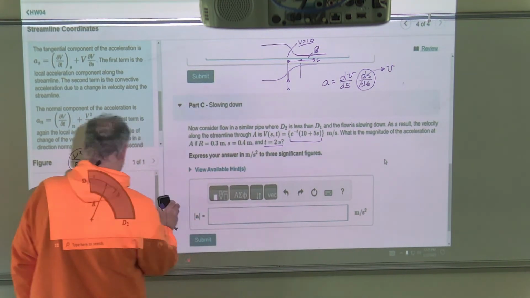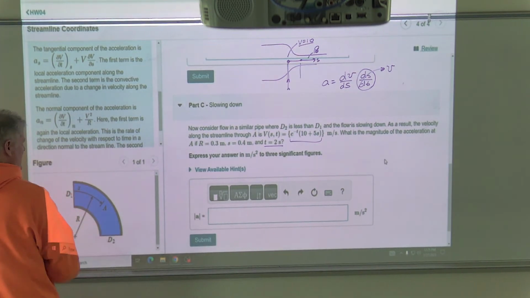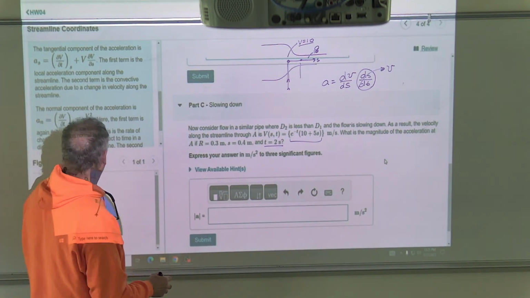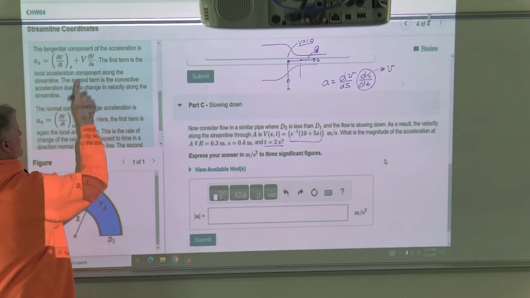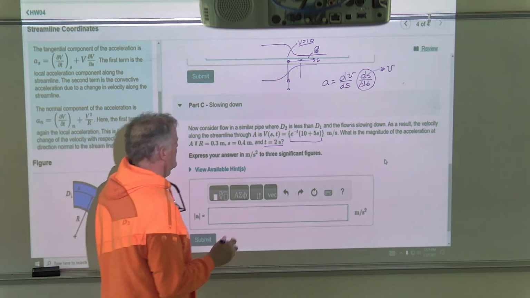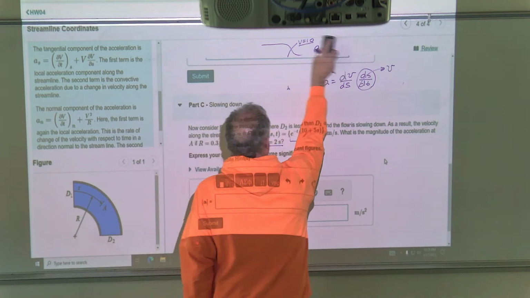So how do you do this? Well, what you do is you say, all right, I'm going to first find these two terms because I did that before. I've got room right up here if I get rid of this.